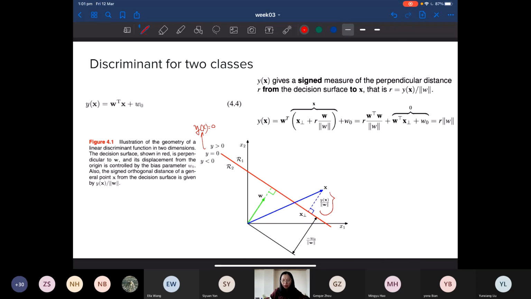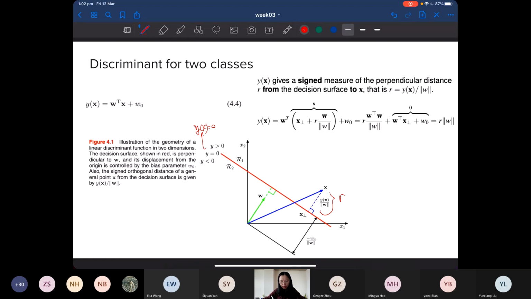The way to derive this is as above. Let's break it down a bit. We wanted to compute the distance, basically the length of this dashed line. We don't know what it is, so let's call it r for now. From geometry, the 2D geometry, we can plug r into the original discriminant function.